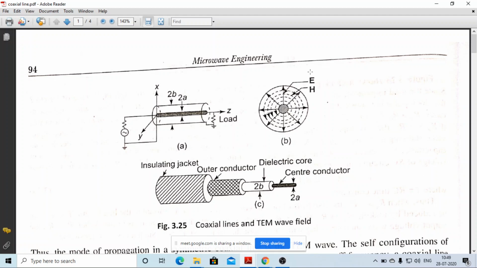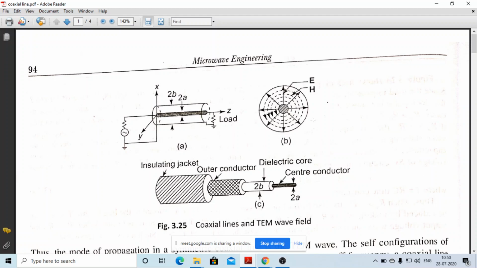Now come to diagram B. This diagram shows the flow of the electric field and the magnetic field, denoted by E and H. The main energy is propagated through the center conductor, so the center conductor is responsible for carrying the microwave energy.